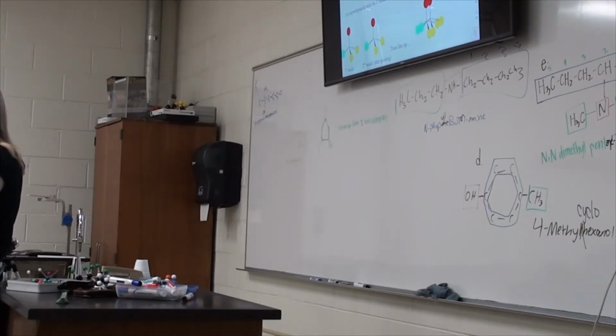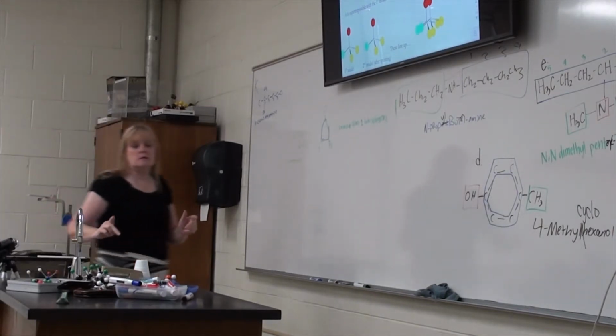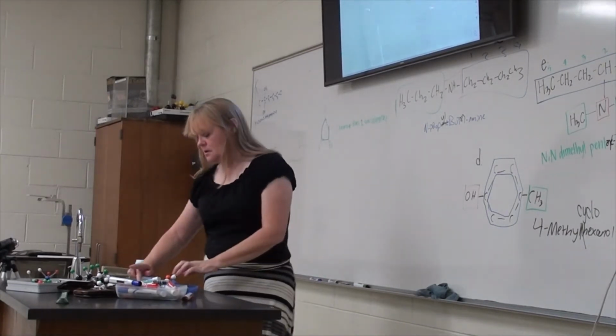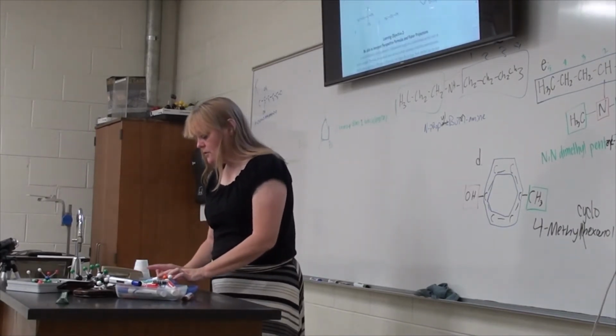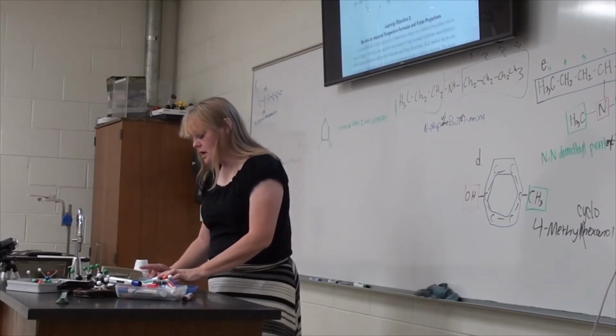Okay? If you have four different atoms or groups attached to a carbon, that's called a chirality center. And that's when you have to describe what the stereochemistry looks like. All right, so you have this in your workbook.